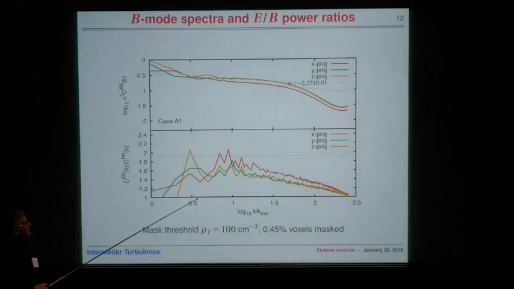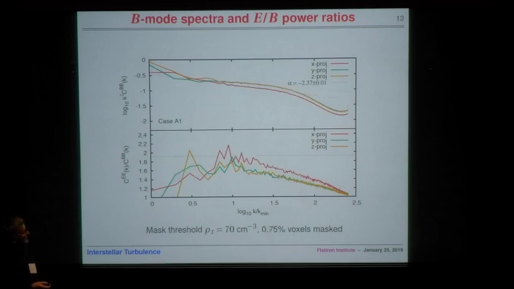Okay, so we see that in the power spectra, we have to mask some of the voxels because we don't have enough resolution in this model to resolve the dense gas which cools very, very quickly. And so we mask, but it's a tiny percentage of voxels that we have to mask, okay?